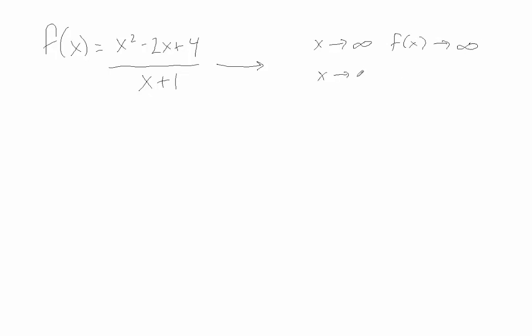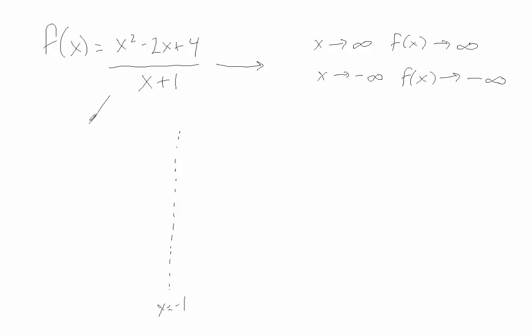And as x goes to negative infinity, the function values are going to go to negative infinity. So there will be no bound. However, we've got a vertical asymptote at x equals negative 1.